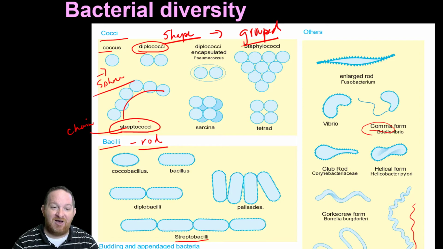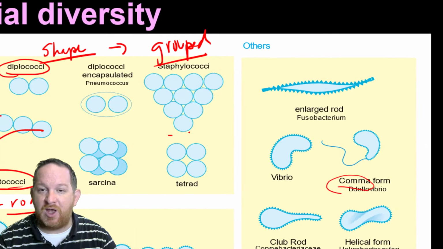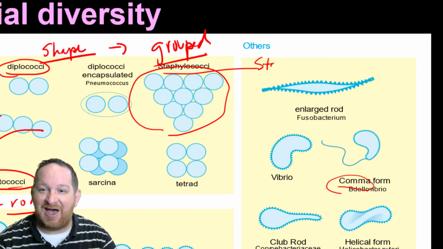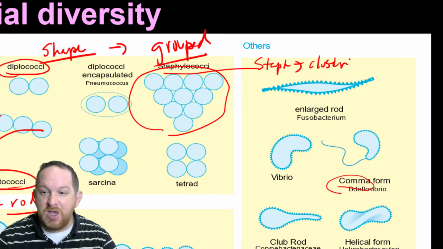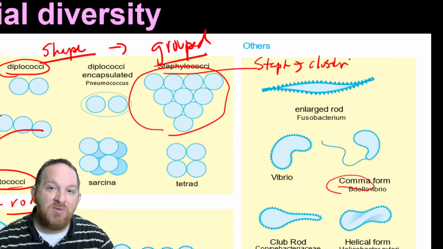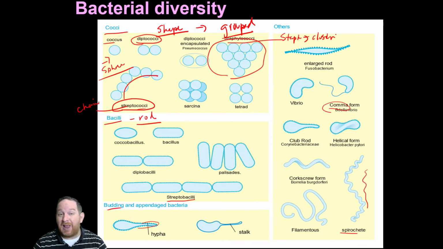Sometimes you might have streptococci, a chain of spherical-shaped. You might also see what we call sort of a grape-like cluster, and that is staph. I think of it as like a cluster of grapes. So you can see all the many ways we classify bacteria by their shape, by how they group, and then there are some more interesting shapes as well that are a little less common to see.